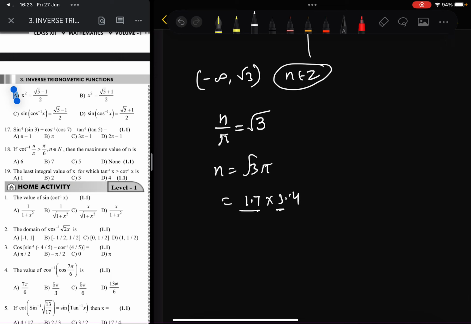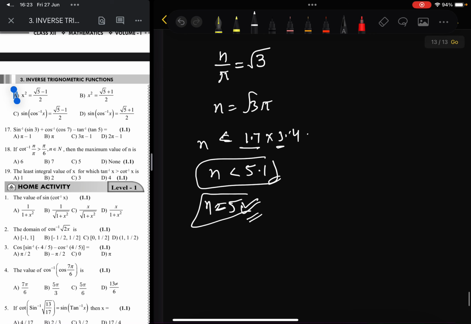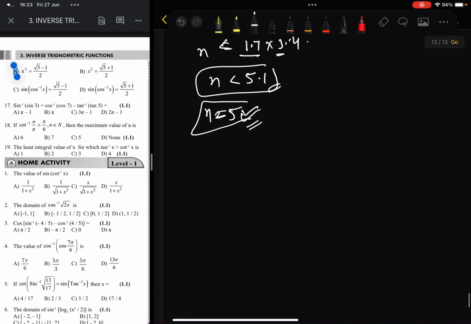So 17 3s are 51 something. So n should be less than this value, that will be 5 point something. So definitely n will be equal to 5 because n should be an integer and n is less than 5.1. That means before 5.1 you will get the integer 5. So 5 is the answer, right?